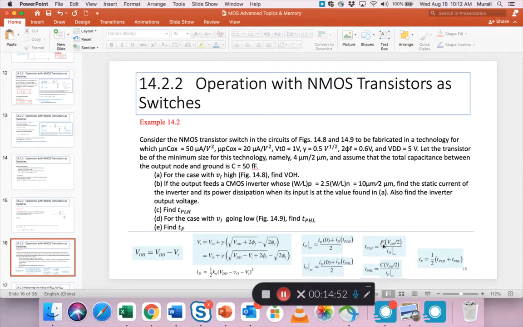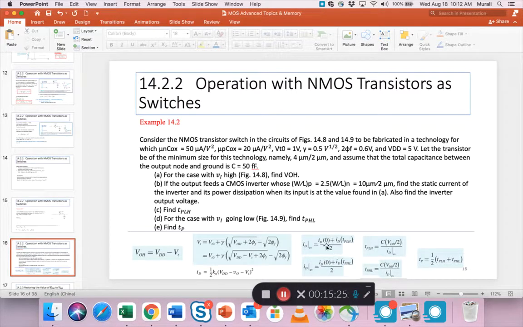You have to take the capacitance, multiply by VDD by 2 and divide by this ID, which is the average current when the output is going from low to high, right? That's low to high. Similarly, high to low, same formula, but the denominator current, the average current, is now what is happening on the high to low portion, right?